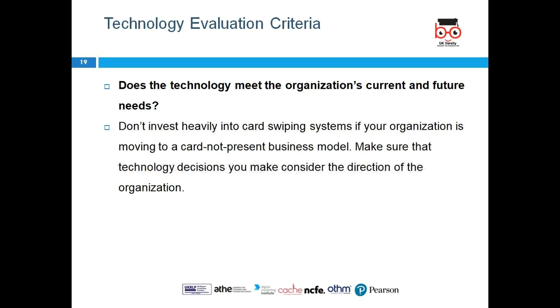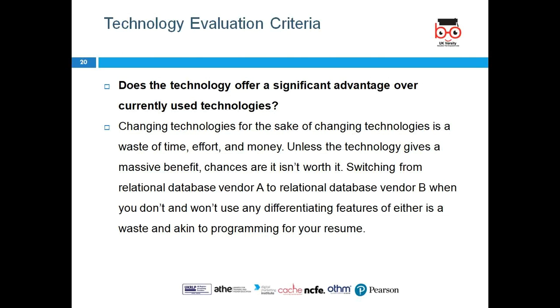Does the technology meet the organization's current and future needs? Does the technology offer a significant advantage over currently used technologies? It shouldn't be the case that you propose a new technology and it does not offer a significant change over the conventional or current use.